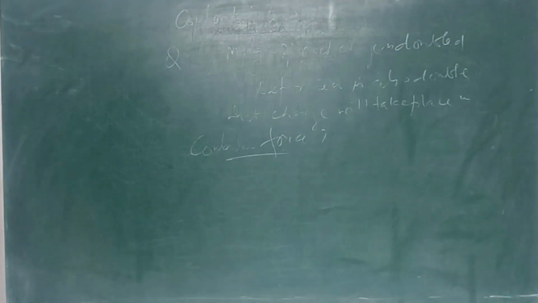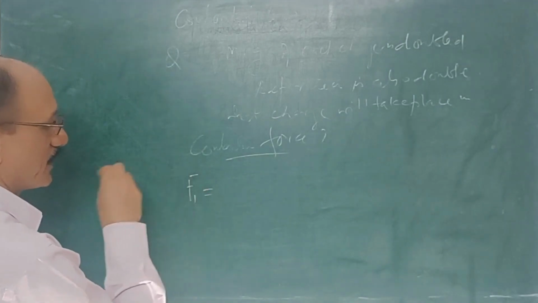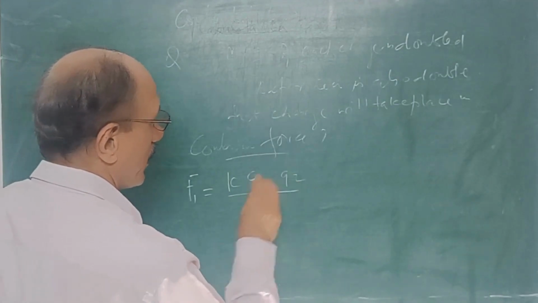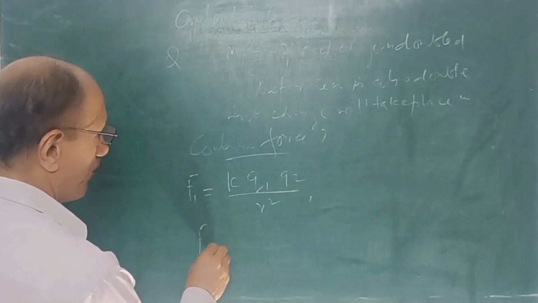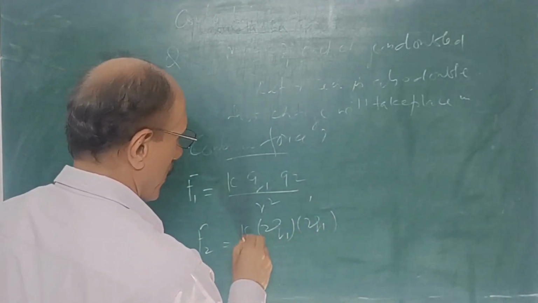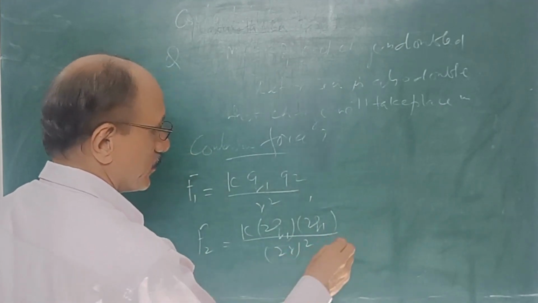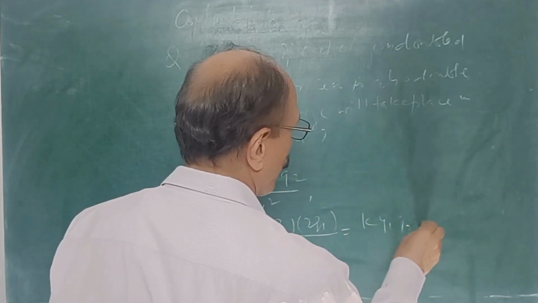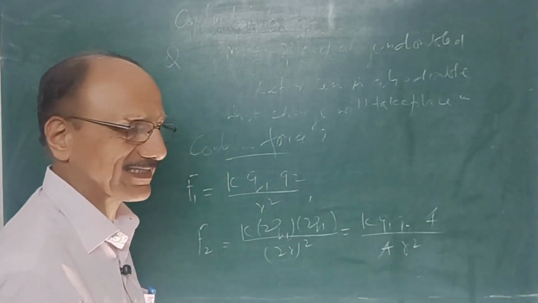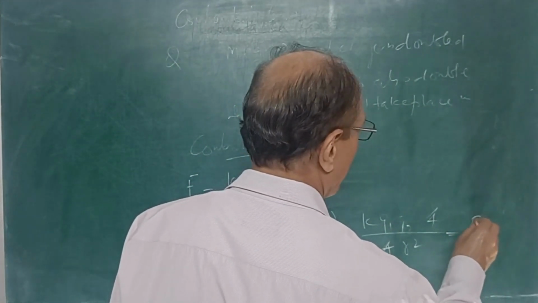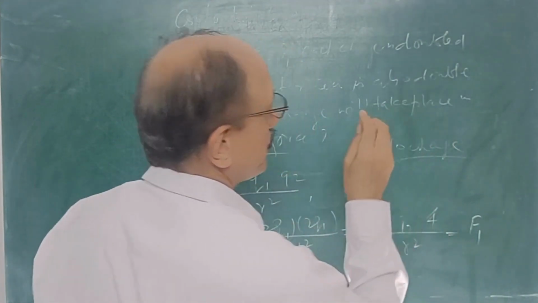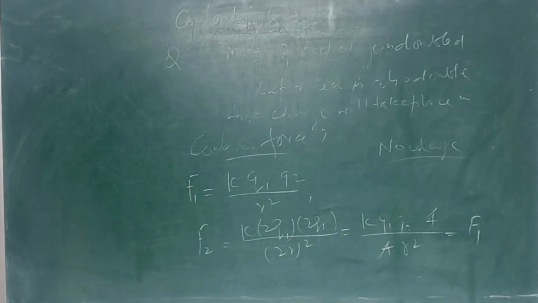How to do it? Again, F equals, at the first stage, K Q1 Q2 upon R square. Then F2 will be equal to K 2Q1 2Q2 upon 2R square. That means K Q1 Q2 into 4 upon 4R square, and the 4 gets cancelled, so it comes to the same as F1. So there will be no change in the magnitude of force.